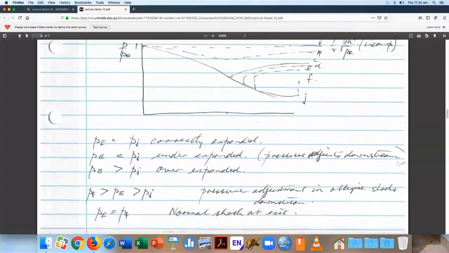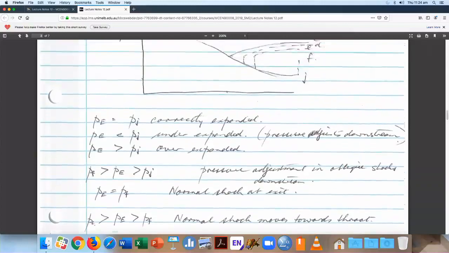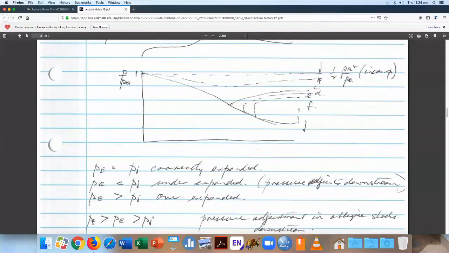And if PE is exactly equal to PF, well, you now know what would happen. If PE was exactly equal to PF, and the pressure jumped from there to there, then that would be through a normal shock.